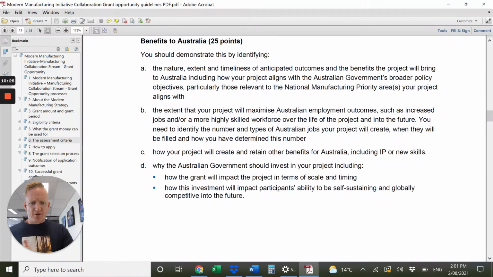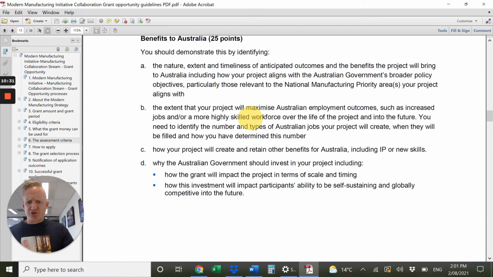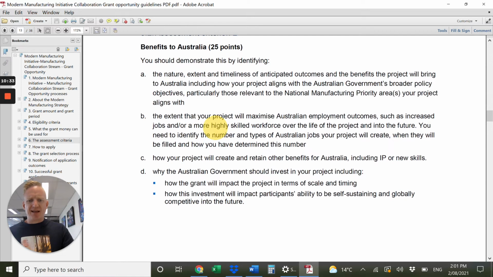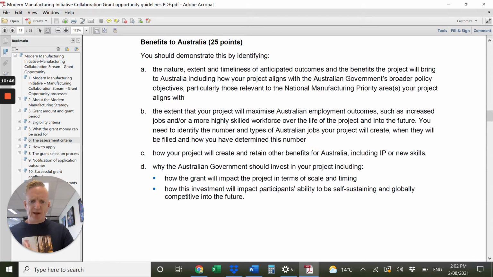Then we've got increased jobs and a more highly skilled workforce. So once again, you are retraining them. You're taking labourers and you're reskilling them into CAD and CAM and 3D printing and robots and all that sort of stuff. So they are more highly employable is what they want as well. And we're not just doing manual labour, we're doing highly skilled activities.